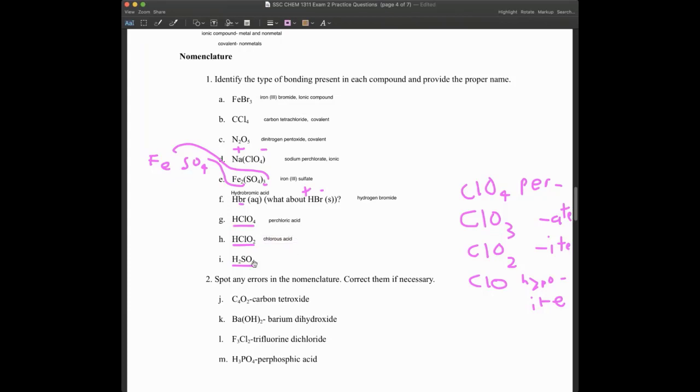Okay. So let's talk about H2SO4. What would that look like? So let's think about it, right? We have SO4, which is what molecule? We have dihydrogen sulfate. So SO4 is going to be a sulfate, right?